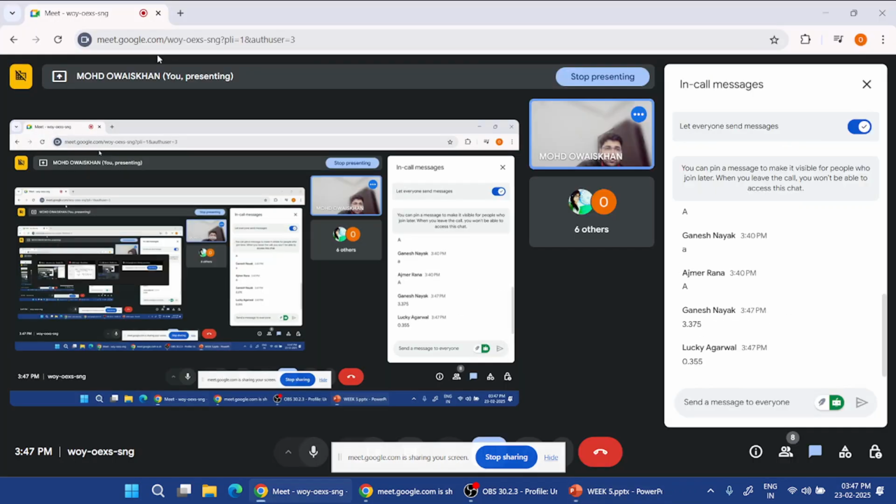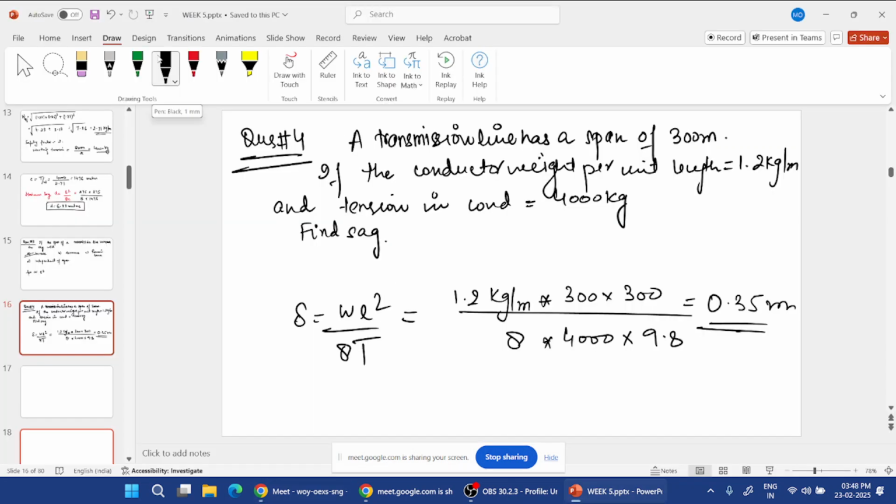How are you going to calculate 3.375? No, you have taken the weight only, but we have to take the horizontal tension in the conductor. Actually, the question is quite misleading. They have given the tension, but if we take only tension, in kilogram per meter square, then we have to remove this, and then 3.375 will come.